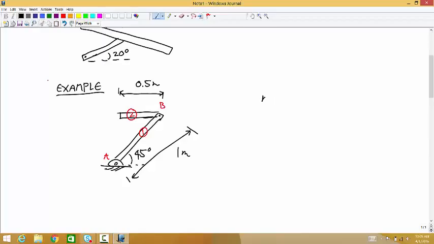And let's say the mass of member 1 is 10 kilograms. The mass of member 2 is 5 kilograms. And there's an external couple acting on member 1 of 500 Newton meters.